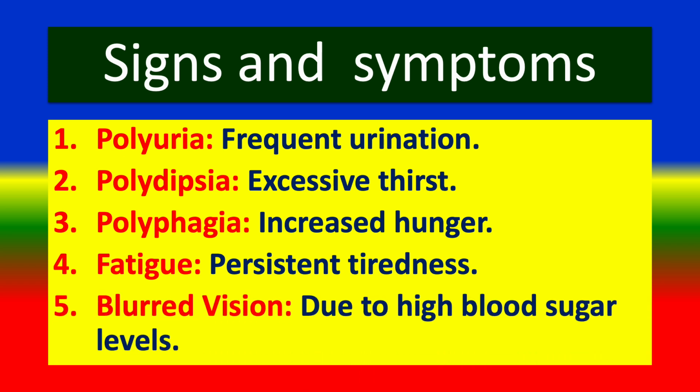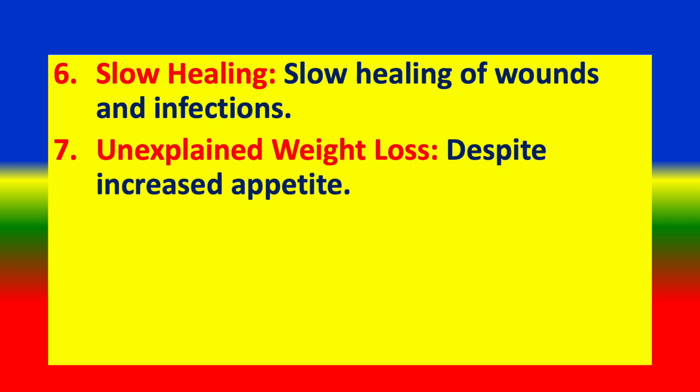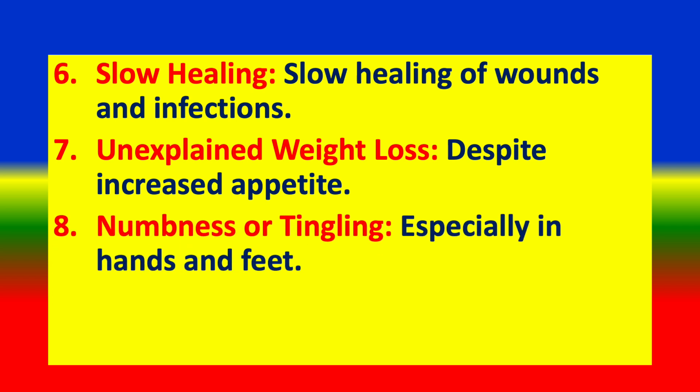Blurred vision due to high blood sugar levels. 6. Slow healing of wounds and infections. 7. Unexplained weight loss despite increased appetite. 8. Numbness or tingling, especially in hands and feet.